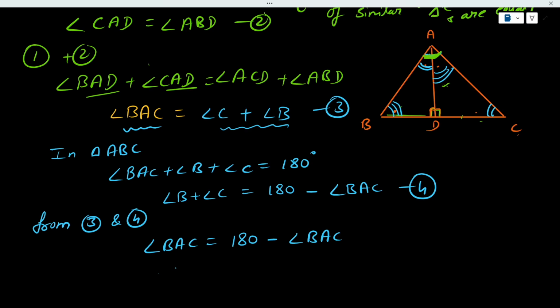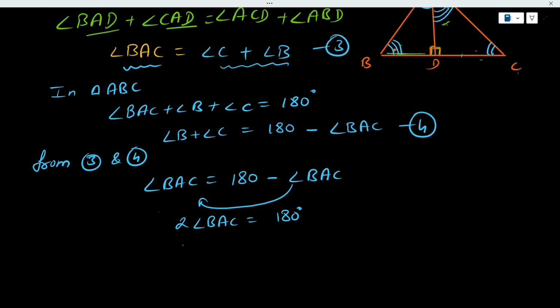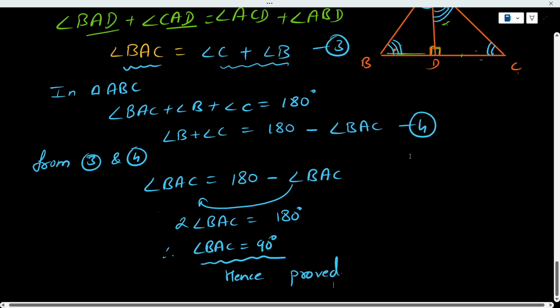Now you get it to the left hand side, it will be 2 times angle BAC equal to 180 degrees. That means angle BAC will be equal to 90 degrees. Therefore, you reach the result, hence proved, right? So you are using your similarity and then angle sum property to prove this.